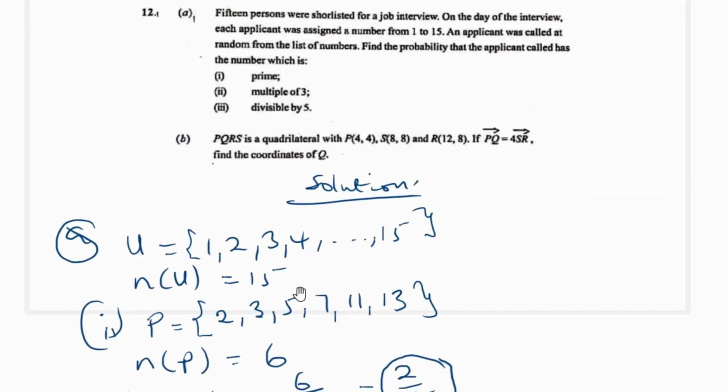The B part of the question is: PQRS is a quadrilateral with P at coordinate 4, 4, S at 8, 8, and R at 12, 8.